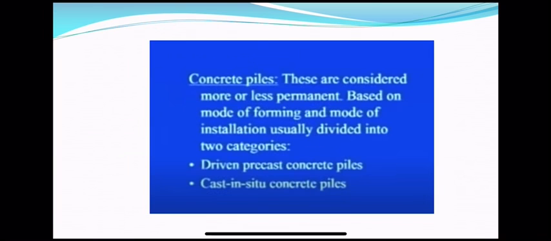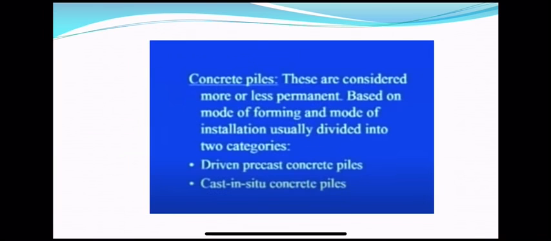Now concrete piles: these are considered more or less permanent. Based on mode of forming and mode of installation, they are usually divided into two categories. First is driven precast concrete piles, second is cast in situ. For all practical purposes, usually these concrete piles are provided.